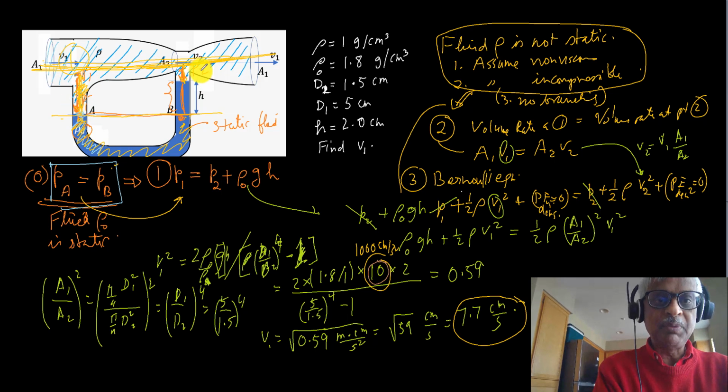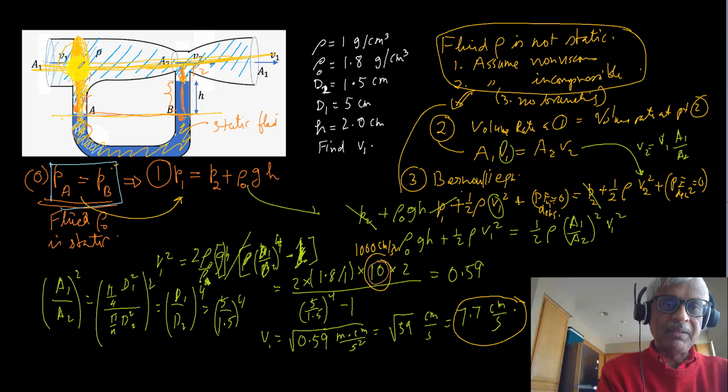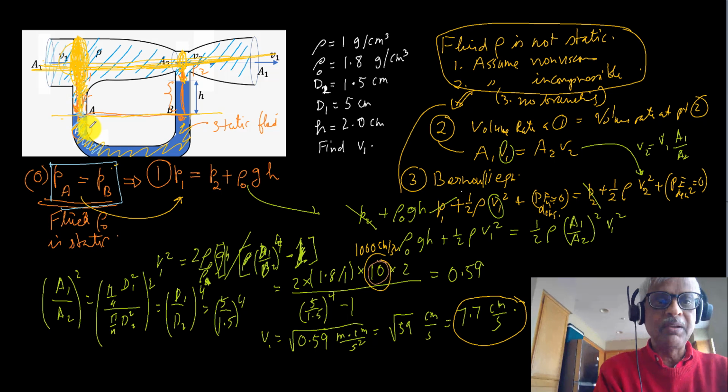So there's a little bit of approximation here. I'm assuming that pressure is the same everywhere, and it's not a bad approximation, but that's another approximation I made. I said that the whole pressure on this side of this blue is the same as what's coming from this side plus this liquid.